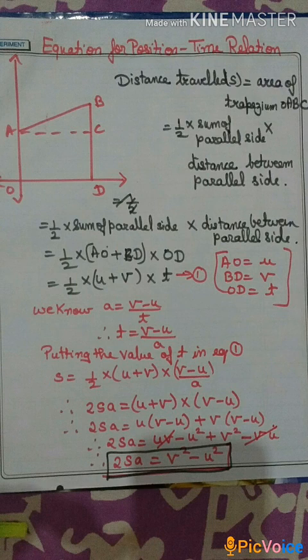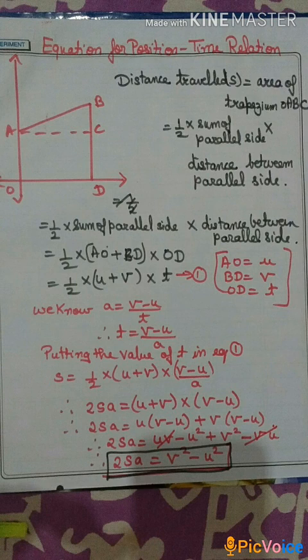Then we can write S is equal to half into AO plus BD into OD, which can be simplified to S is equal to half into (U plus V) into T. That is the first equation, where the value of AO is equal to U, that is the initial velocity, BD is equal to the final velocity V, and OD is equal to T.